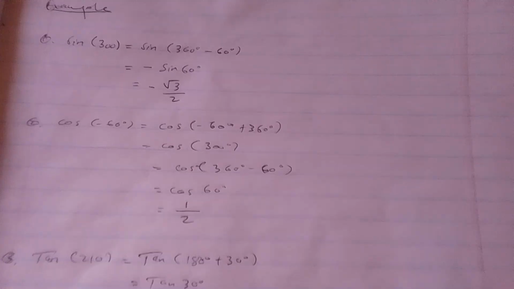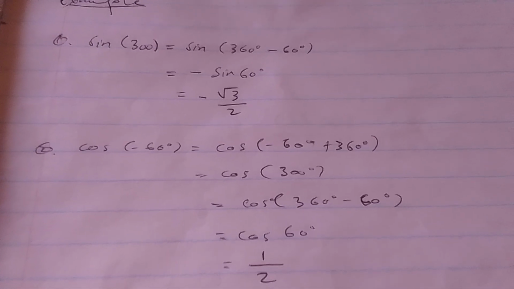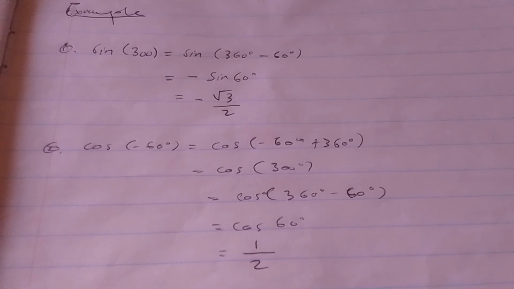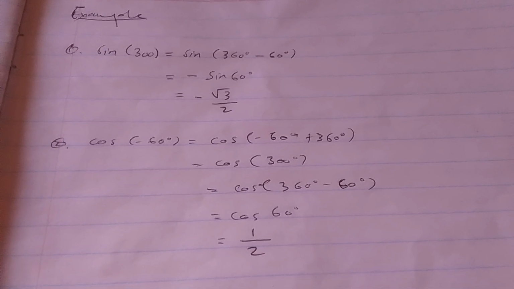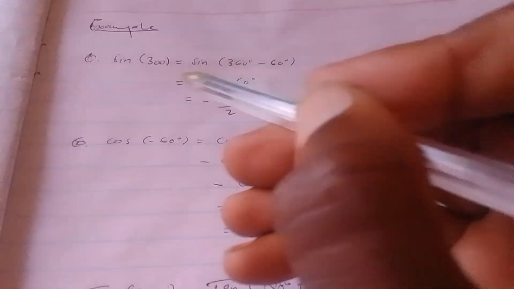All right, let's start with our examples. We have sine 300 is equal to sine of 360 minus something. Guys, you can see these things have a certain relationship.